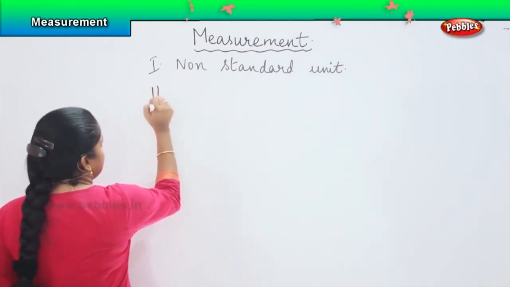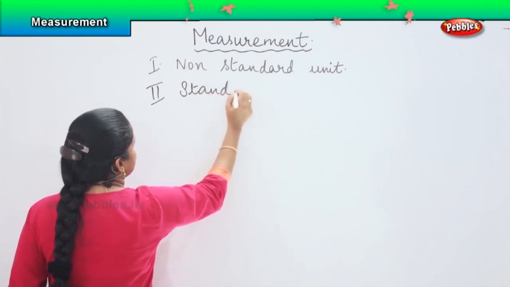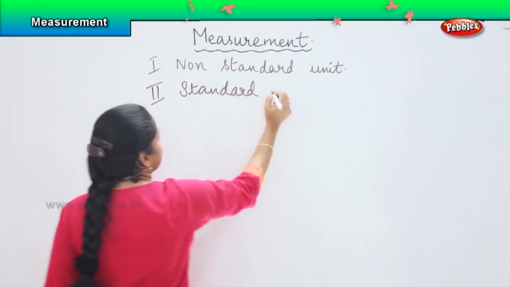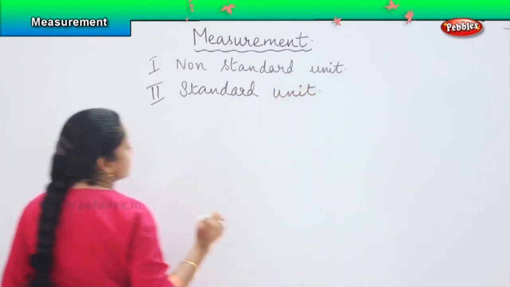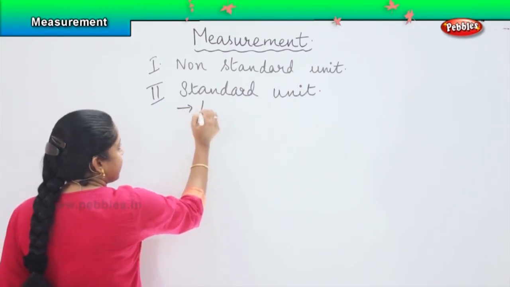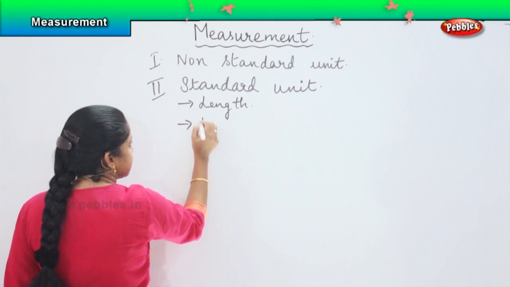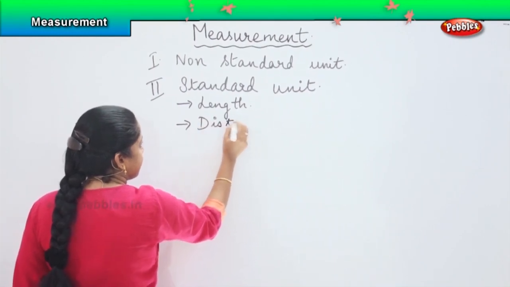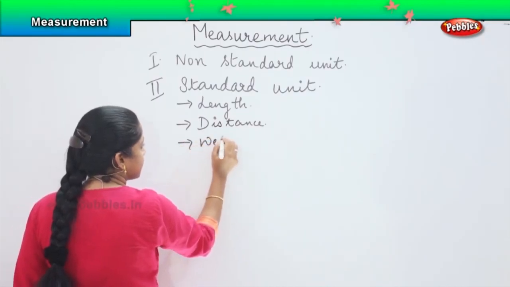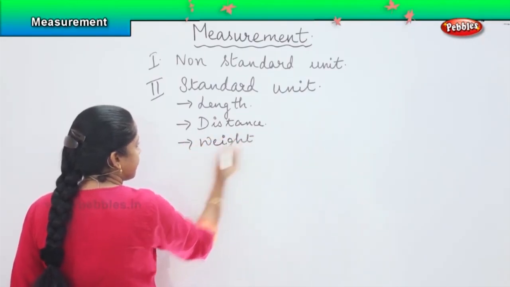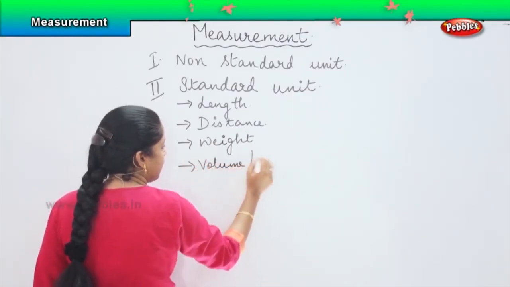In the standard method, we will be covering length, distance, weight, volume or capacity.